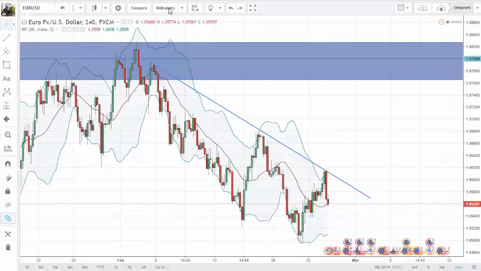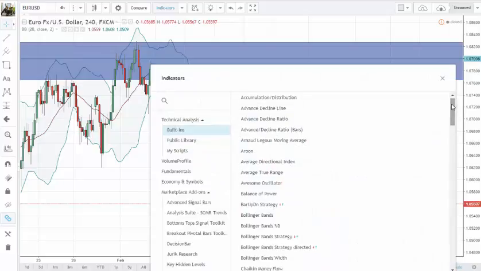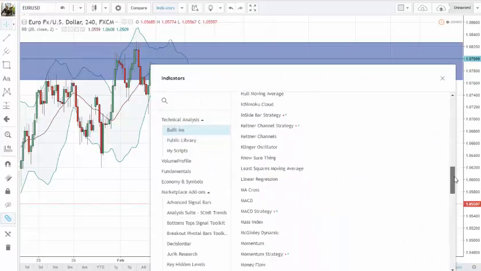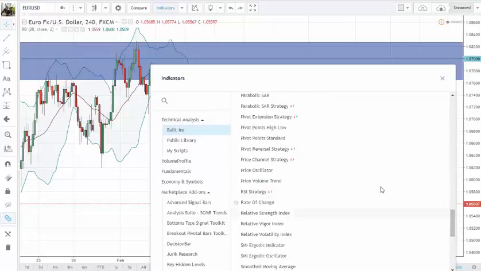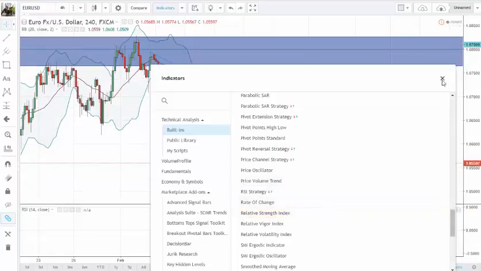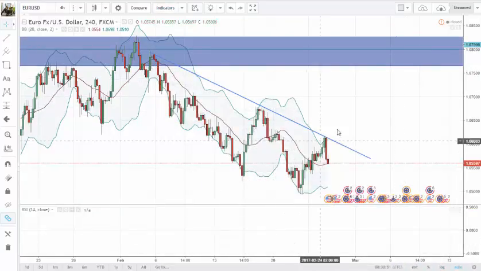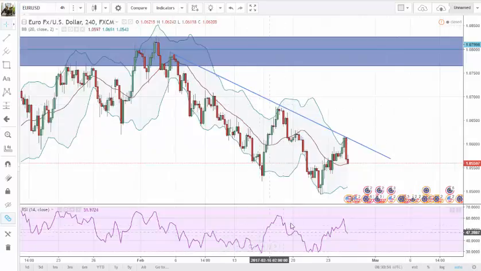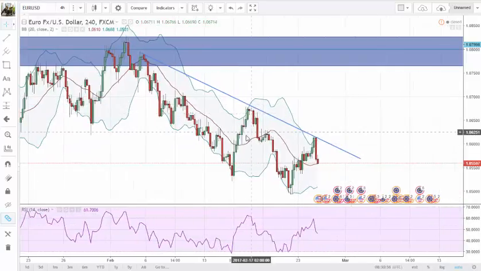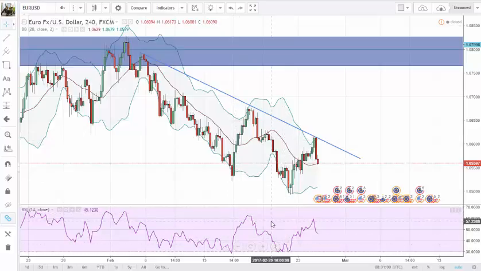Let's put in one more indicator to get some more information, some more clues on this movement. That, to me, is the relative strength index. Let's see what the relative strength index shows us. We are seeing lower lows in price, and the same thing on RSI, lower highs.